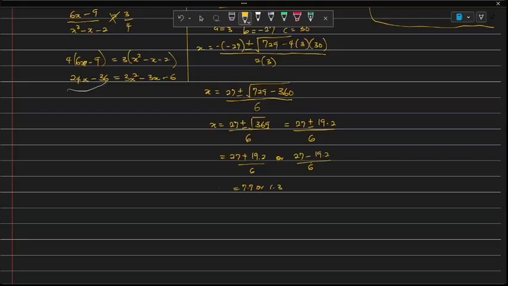So our final answer is x is equals to 7.7 or 1.3. Please, if you are confused, watch the video again and feel free to pause at every interval you need to pause.